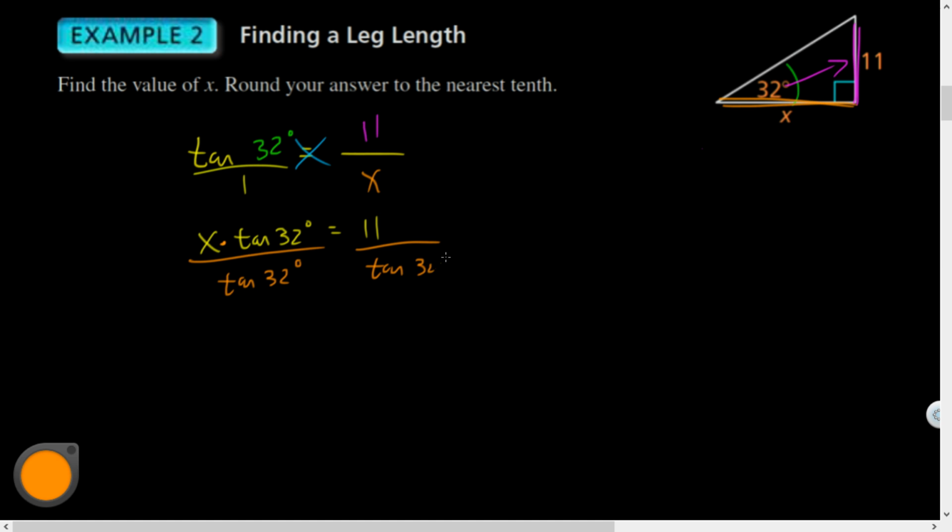I divide by tan of 32 degrees. Well, these cancel out. And I'm going to get x is approximately, and in my calculator, I'm going to type in 11 divided by, there's a tan button, and 32. And I get about 17.6. And they said round to the nearest tenth, so I'll leave it at that.